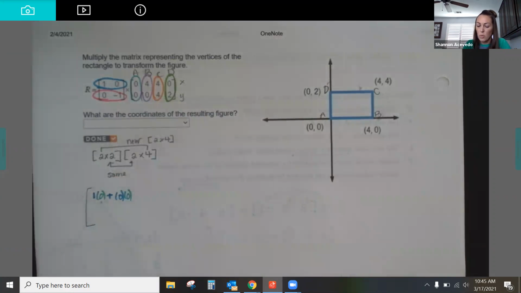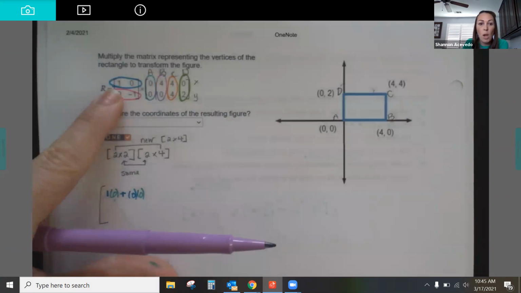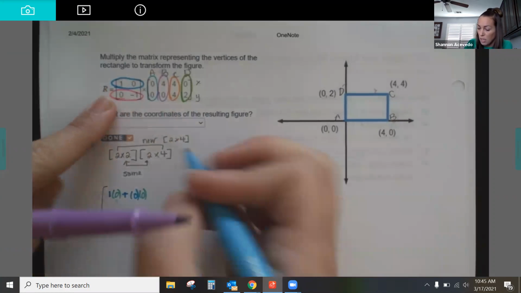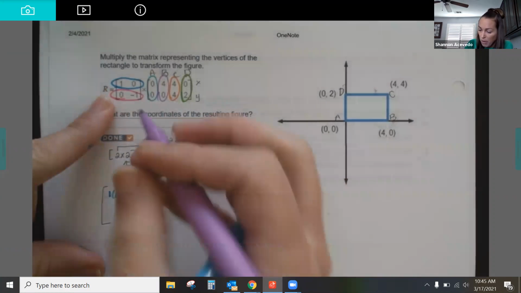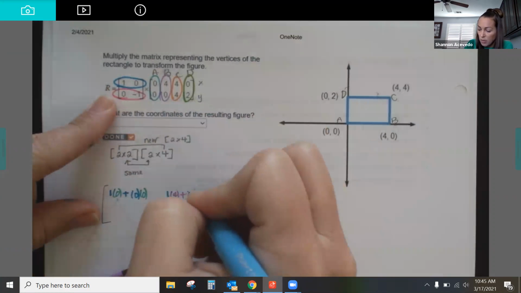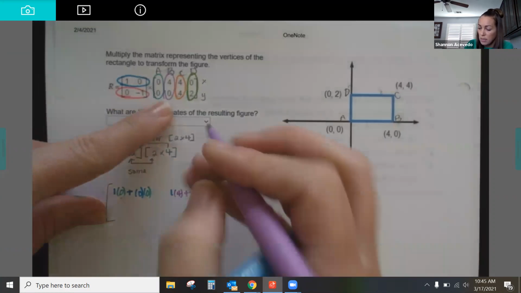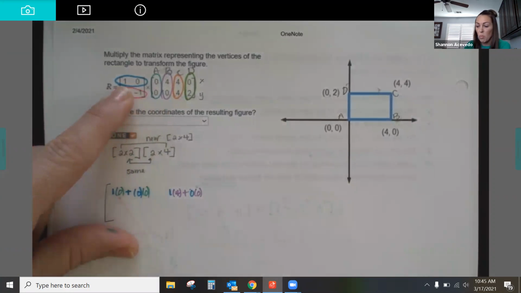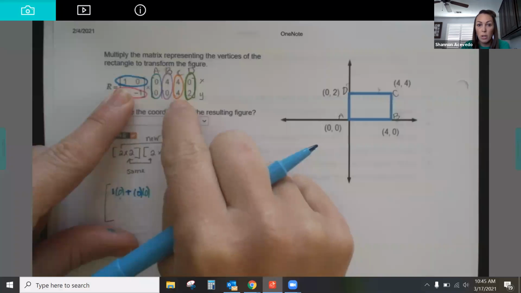My next one is going to be same row, next column. So this is going to be 1 times my 4 plus 0 times my 0. Then my next one is going to be same row, but third column.